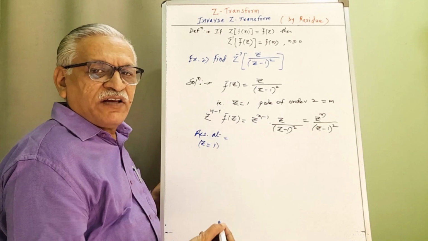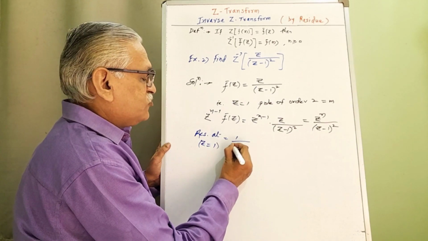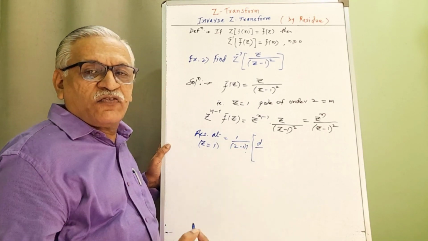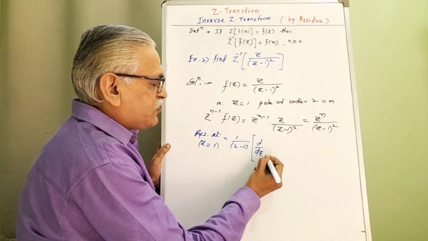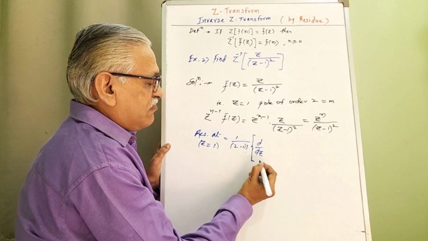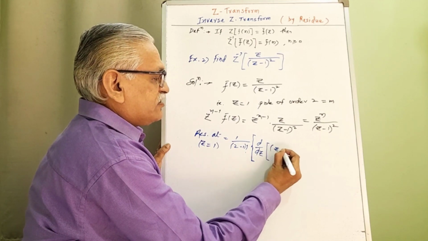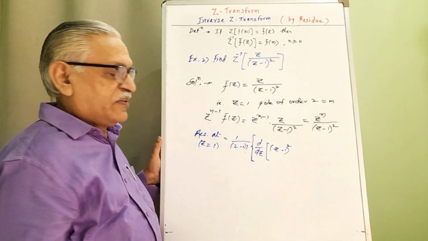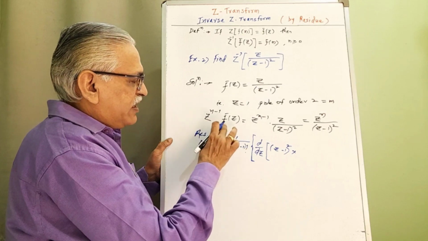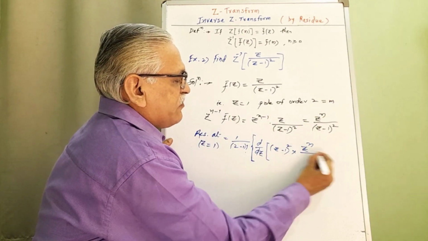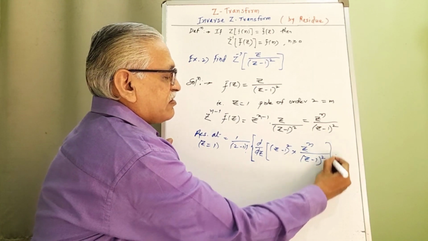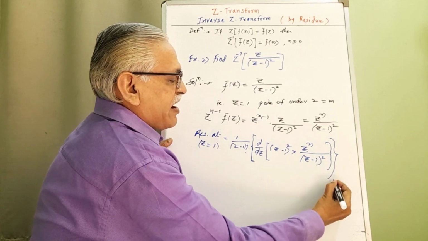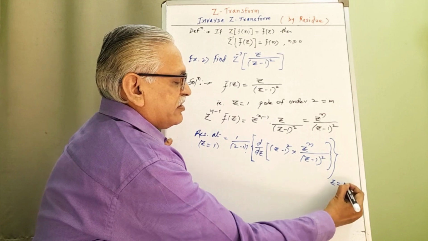Using the second formula, which I discussed in my first video: 1 upon m minus 1 factorial, that is 2 minus 1 factorial, and the derivative of the same order, that is d by dz, 2 minus 1 means first order, with respect to z of z minus a raised to m, here m is 2, therefore z minus 1 whole square, multiplied by this term z raised to n minus 1 into f bar of z, which is z raised to n divided by z minus 1 whole square, at z equals a, here 1.